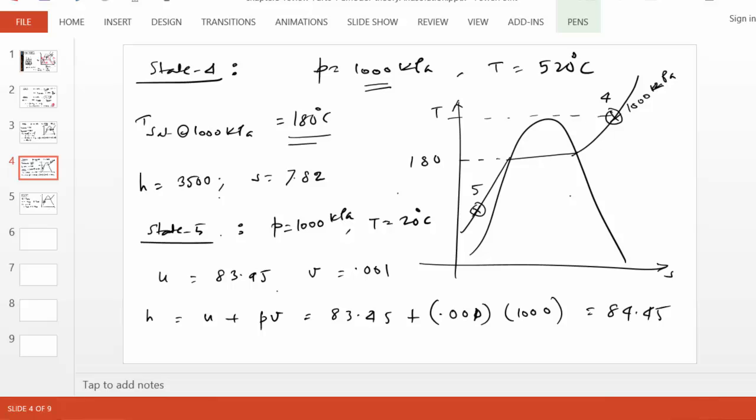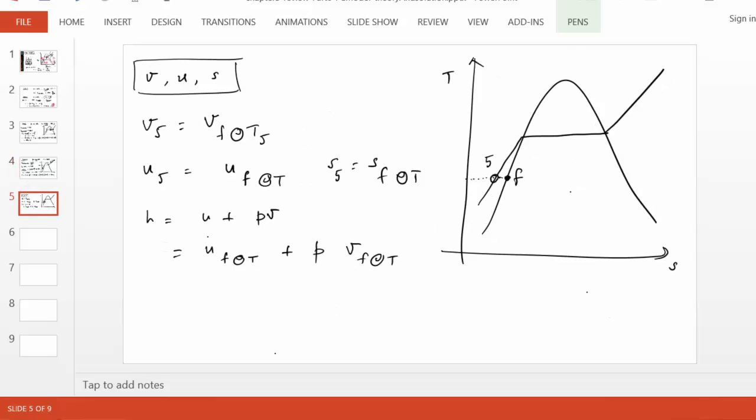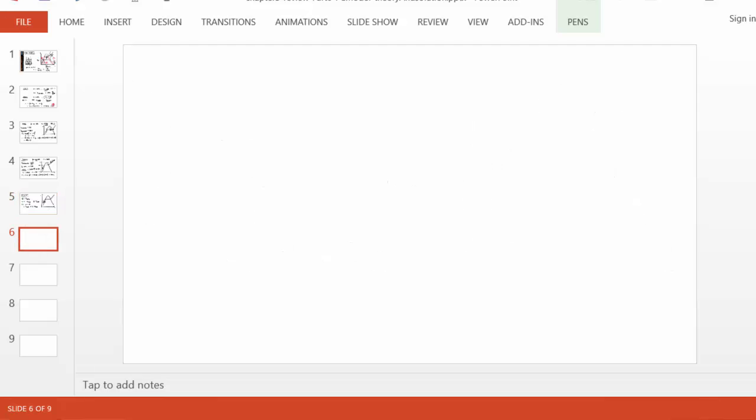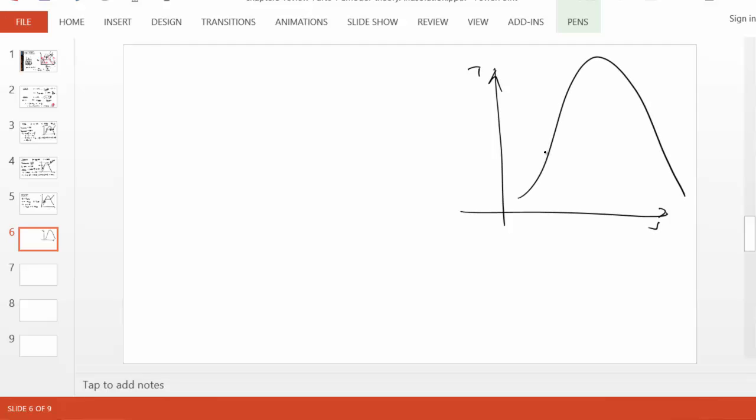Just one more note about the enthalpy of liquid. In many problems, entropy doesn't change. Isentropic devices such as a pump handle liquid. Now suppose we have a saturated liquid at state F, and we are raising its pressure using a pump where entropy doesn't change.